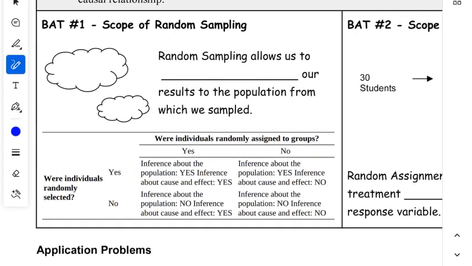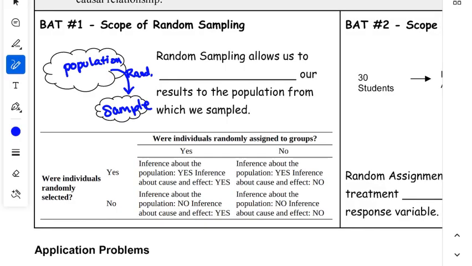Okay, our scope of random sampling. So you have your population, and you do a random sample. You randomize it.